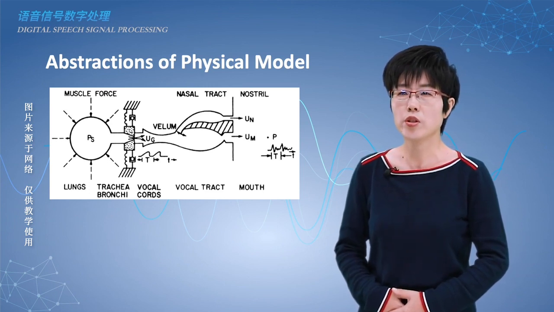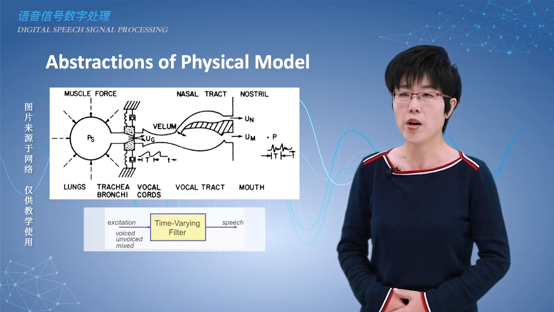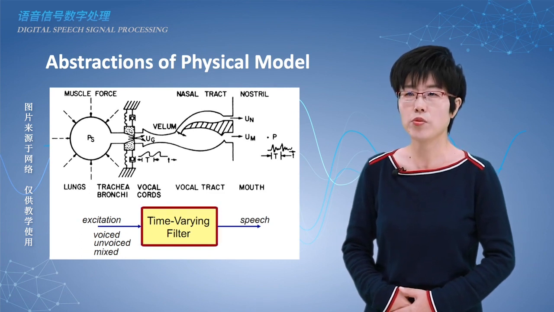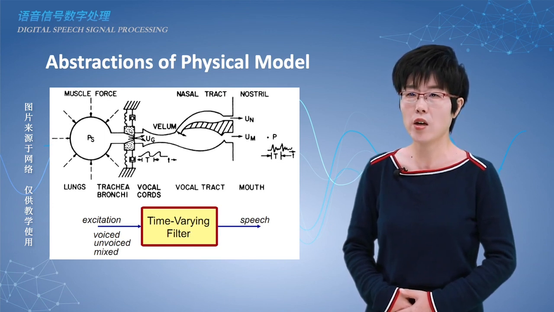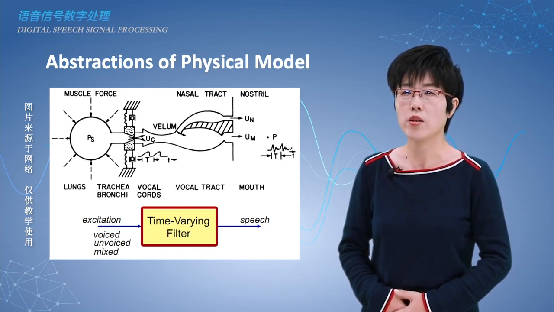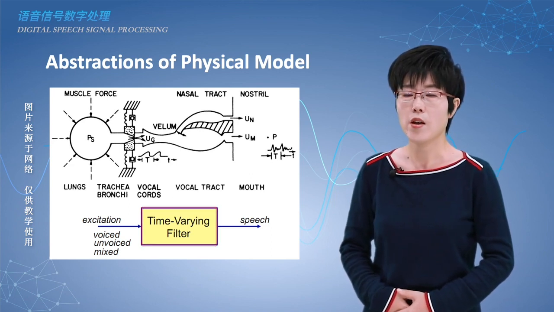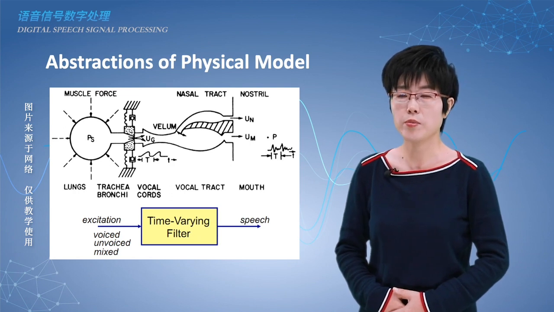From the view of signal processing, the speech can be produced by an excitation passing through a time-varying filter. The excitation generally has three types, corresponding to the voiced, unvoiced, mixed speech source. The vocal tract and the nasal tract make different types of filters.